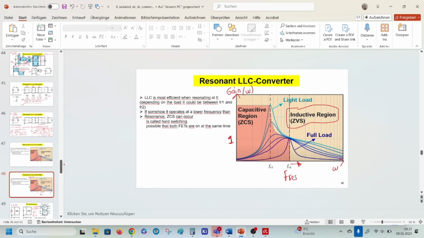And the inductive region has the advantage of zero voltage switching. If we switch below our resonance frequency, this area is called the capacitive region. And we have a problem if we switch our circuit in this region. There would be a short circuit between high side and low side FETs.